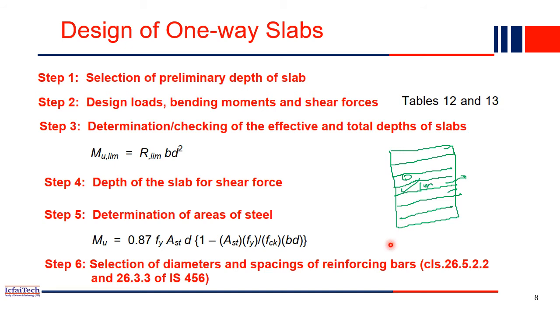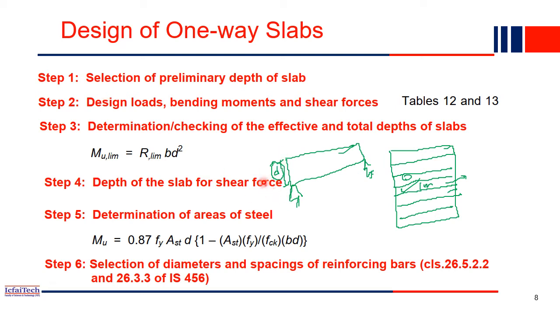Okay, so our first beam design, if you remember, was something like this. This is a beam, resting on two supports, and we have to find out D, the depth of the beam. So here basically it is the preliminary depth of the slab that we have to find out, select. Based on our past experience, or our code also gives some starting point, an initial guess of what the depth could be.